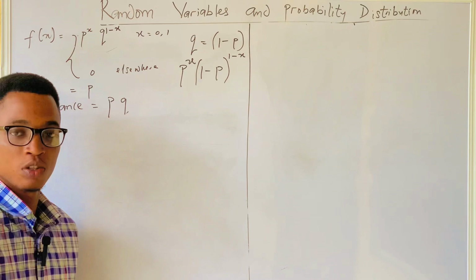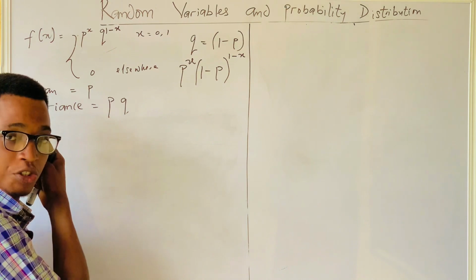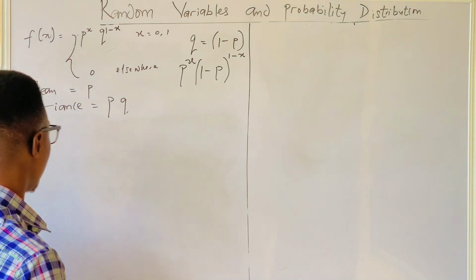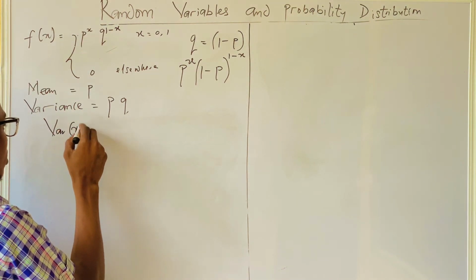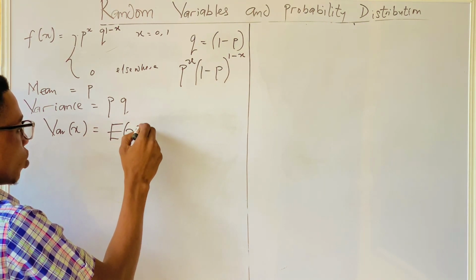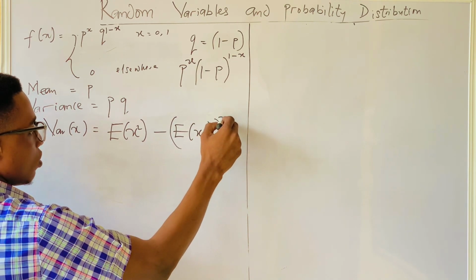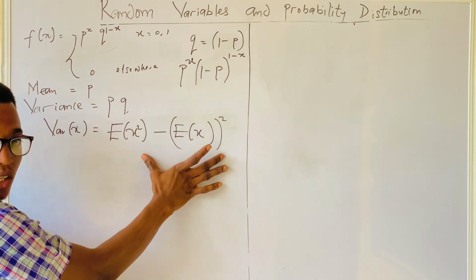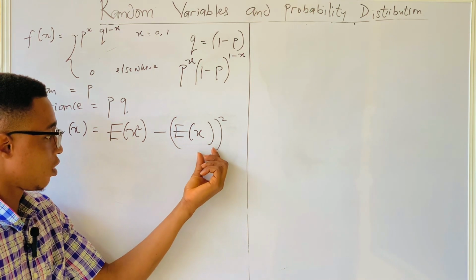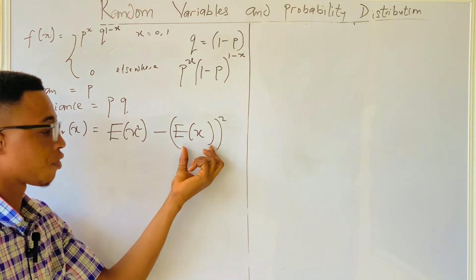Having shown the mean of this distribution to be p, we need to verify as well that the variance of this distribution is pq. Let me flash our mind back to the formula for variance. Var x is equal to expectation of x squared minus expectation of x all squared. This is the formula for variance. When we were solving for the mean of this distribution to be p, of course we solved for the expectation of x.